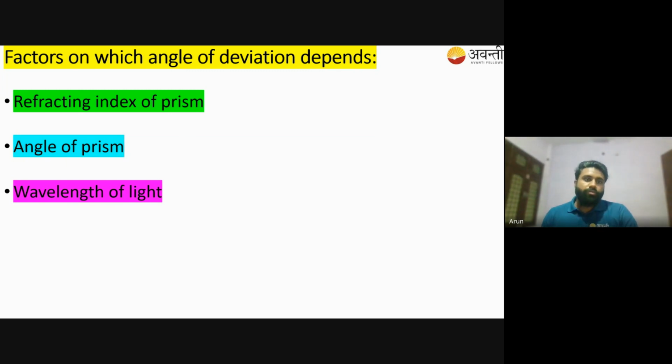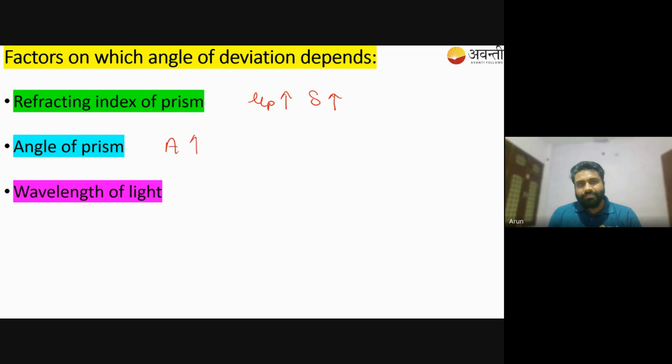Okay, so we are talking about the refractive index of prism, and how this quantity affects the angle of deviation. If the refractive index of prism increases, then the angle of deviation also increases. What about the angle of prism, which is A?